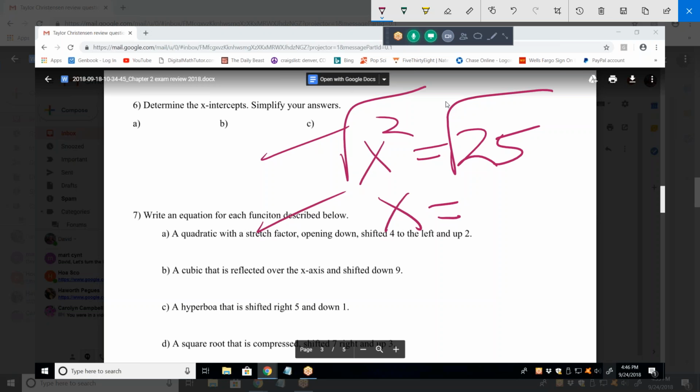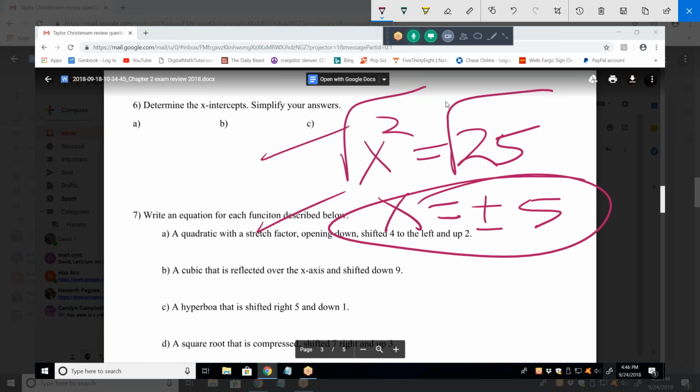What words should your answer begin with? Plus or minus. What's the square root of 25? 5. Most people would make the mistake x equals 5. That's not correct. It's x equals plus or minus 5.